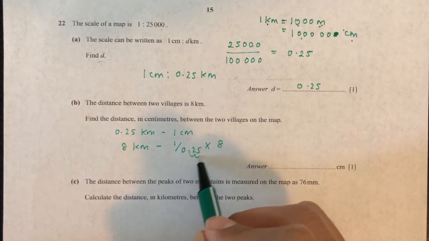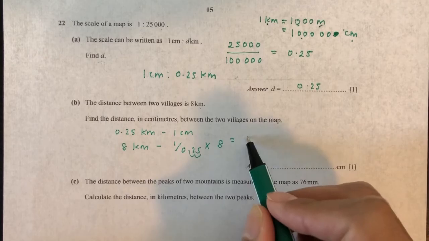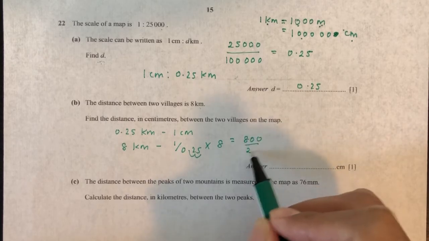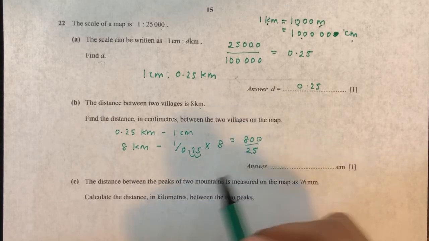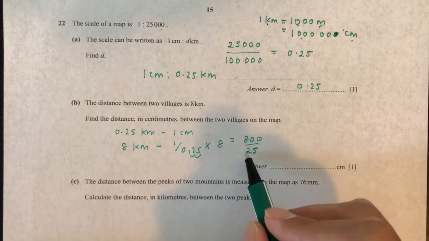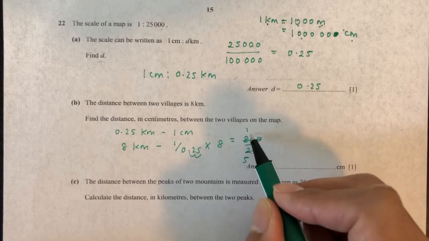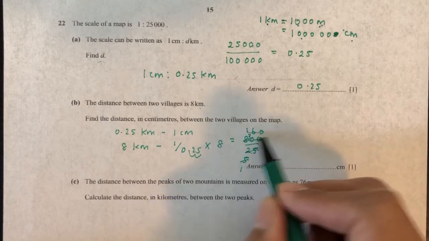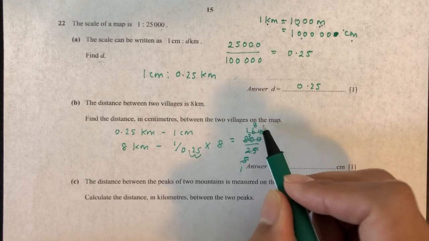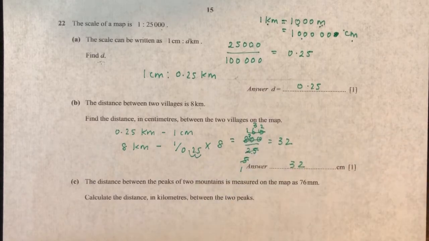So take out the decimal place, it will be 800 divided by 25. So the first step is divide by 5. We will have 5, and then we have 160. Divide by 5 again. We will have 32. So that will be 32 centimeters on the map.